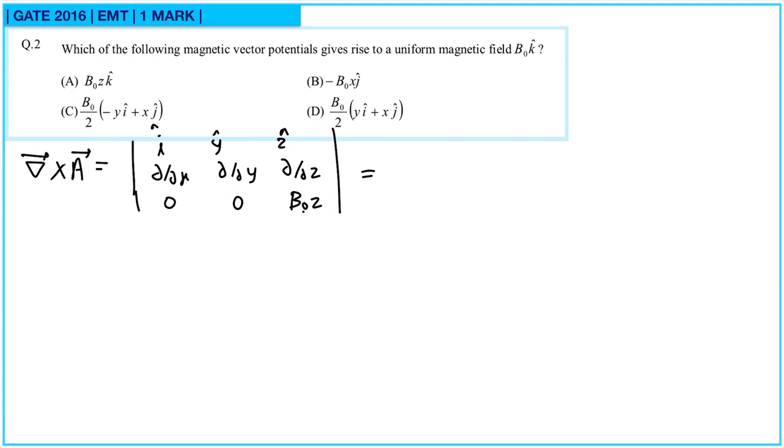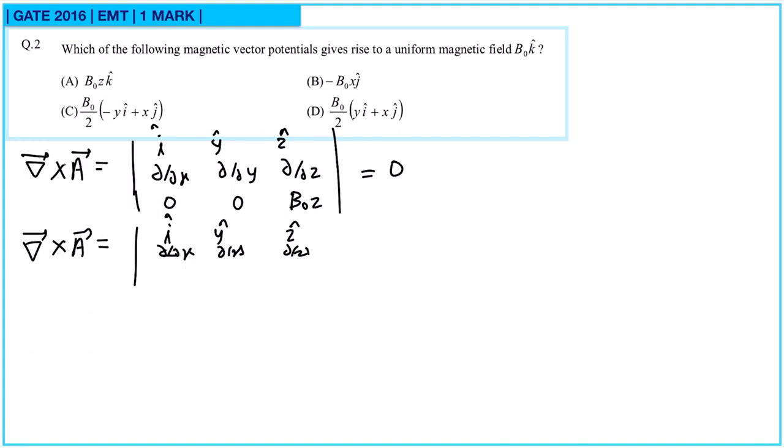Since this will be dou by dou y of z, it will be 0 only. For the second case, del cross of A is equal to I, y, z, and here we have minus of B naught x, with terms dou by dou x, dou by dou y and dou by dou z.